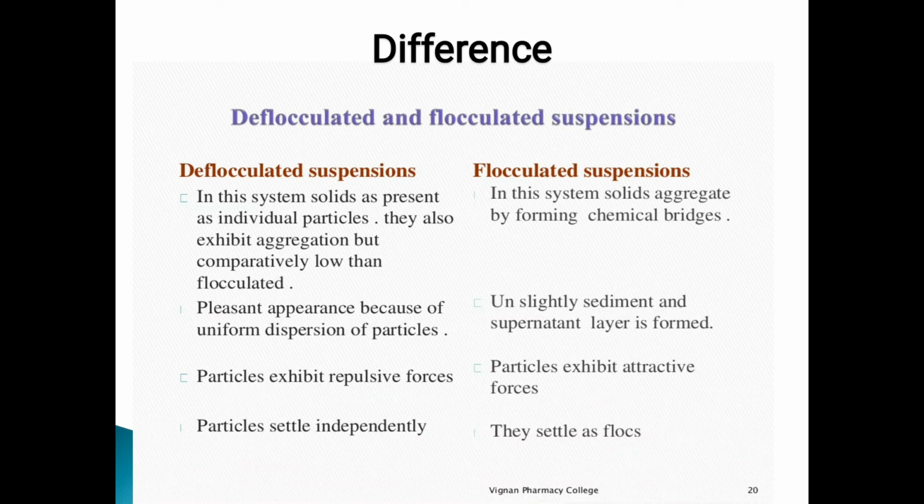In a flocculated suspension, particles show weak van der Waals forces of attraction, and when particles are attracted to each other, they form a floc, a loose aggregate of particles. When an external force is applied, this floc can be separated into individual entities. But in a deflocculated suspension, there is no floc formation and particles are uniformly dispersed in the dispersion medium.